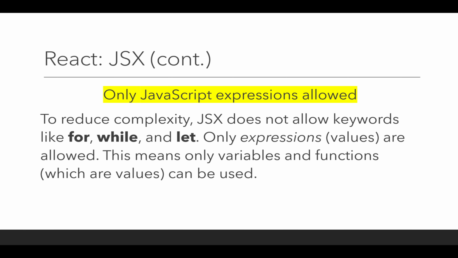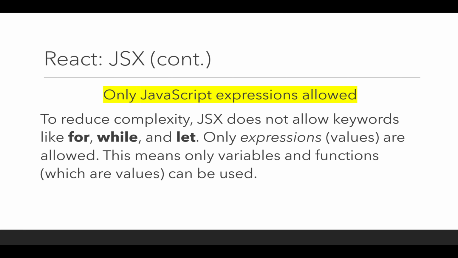Expressed in a more technical sense in JavaScript, these are called expressions. Expressions is a way of saying anything that has a value or will produce a value during runtime. So only JavaScript expressions, that is, values, are allowed. In general, this means only variables and functions, which are a type of value because they can be stored in a variable, are used.